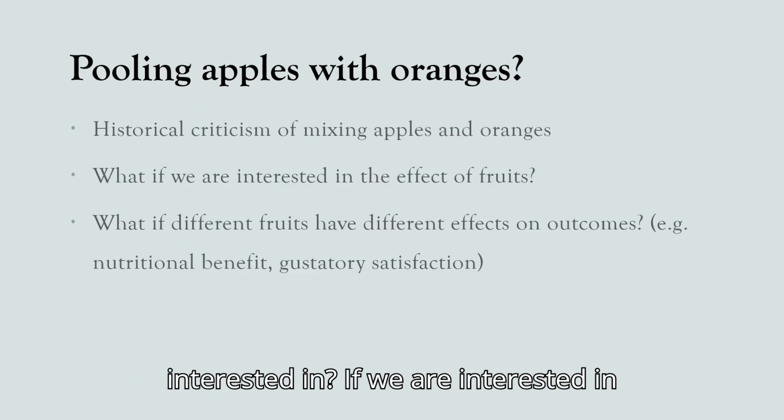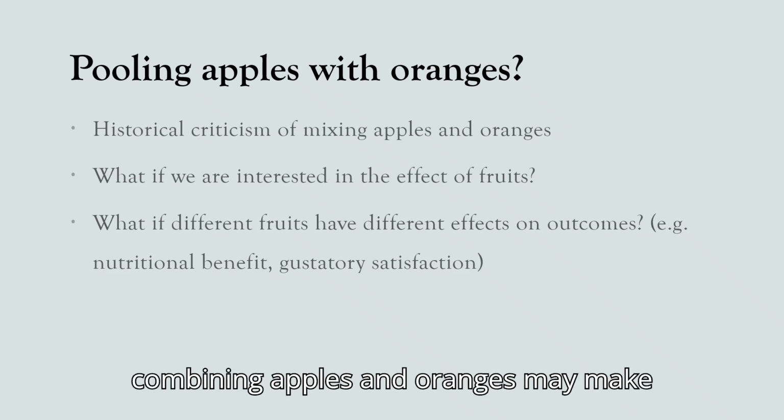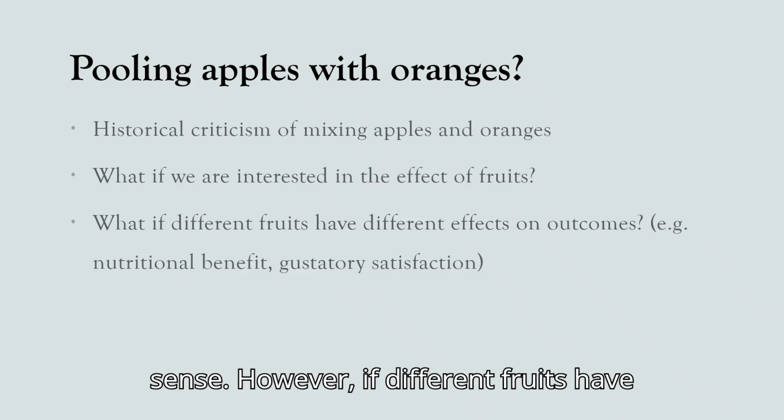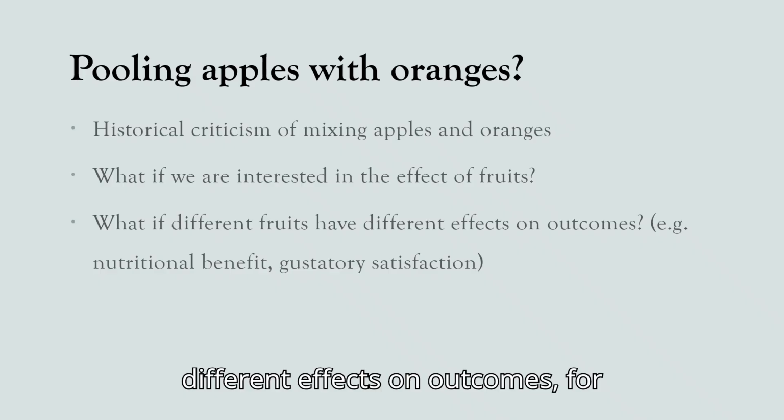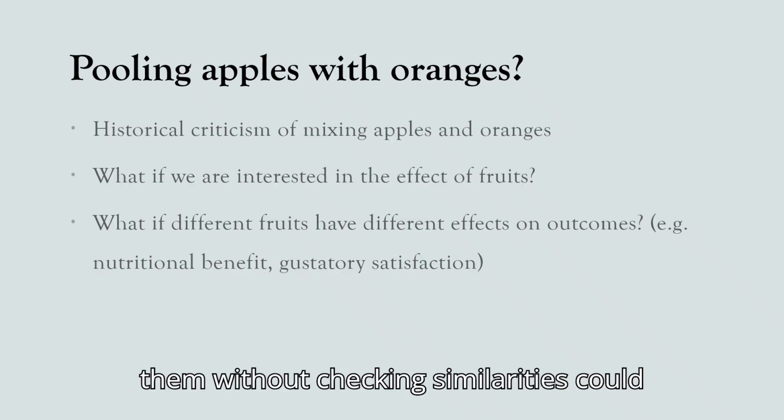If we are interested in the overall effect of fruits, then combining apples and oranges may make sense. However, if different fruits have different effects on outcomes, for example, on nutritional benefit or taste satisfaction, then pooling them without checking similarities could be misleading.